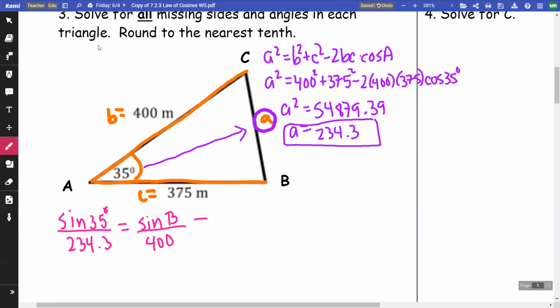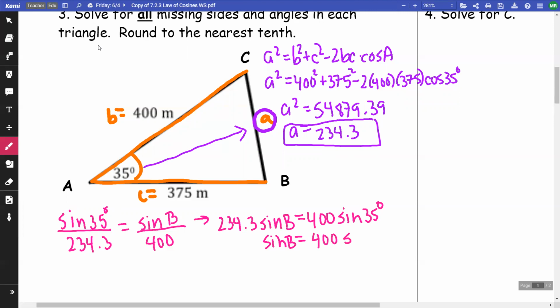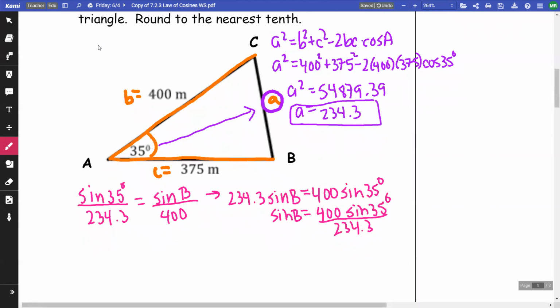I'm going to cross multiply. So I'm going to end up with 234.3 sine of B equals 400 sine of 35 degrees. So sine of B is equal to 400 sine of 35 degrees over 234.3.